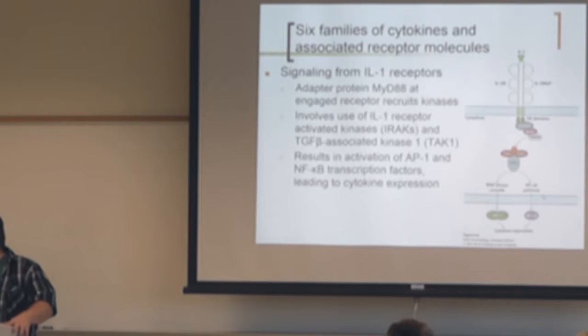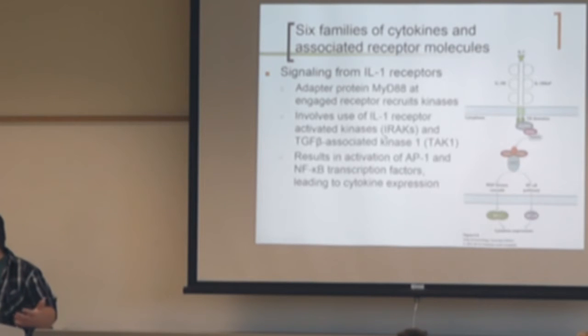Signaling, again, just like we had in T cells, you have this cascade. Here we have MyD88, which is an easy one to remember, and it will recruit, engages the receptor, this basically binds, recruits these IRAKs, and they phosphorylate TRAF6, and then you get, so basically it's the same type of pathway.